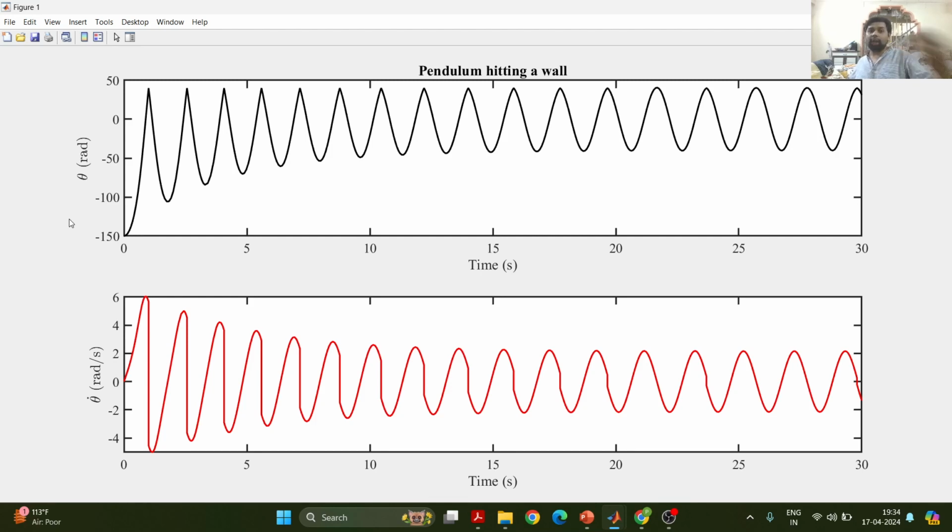So just after impact, we start with a new initial angle and new initial velocity. And then we again solve the same differential equation but with an updated set of initial conditions, and continue solving till the next collision event occurs.